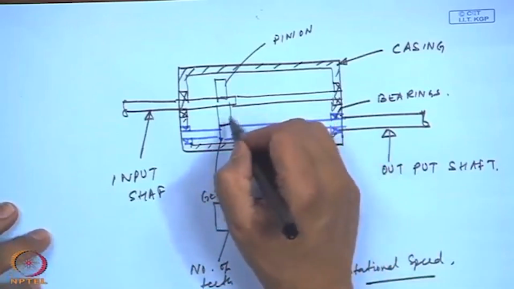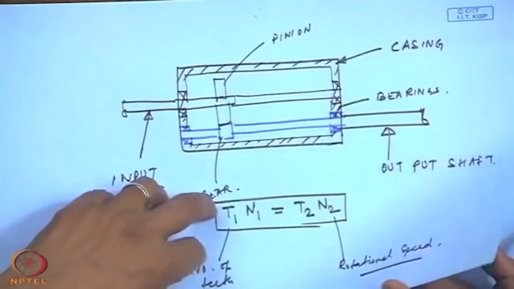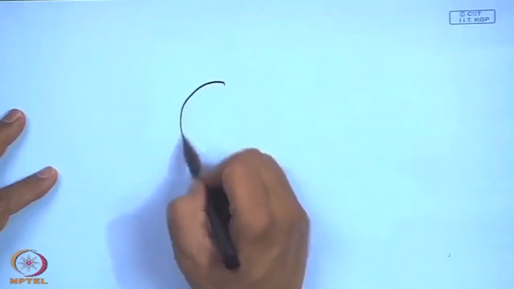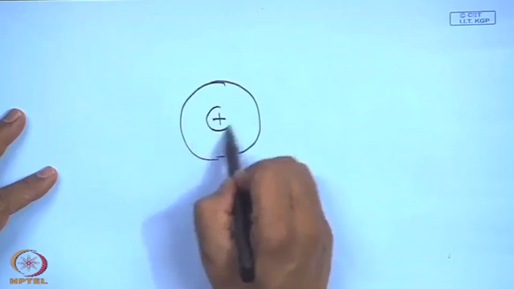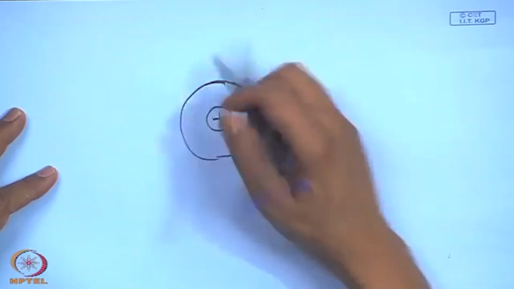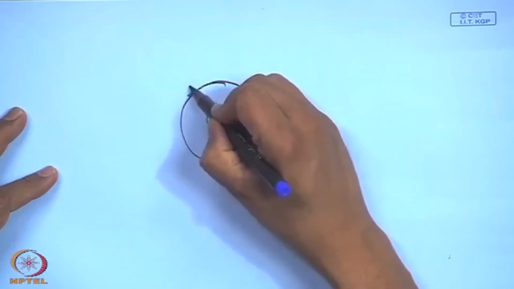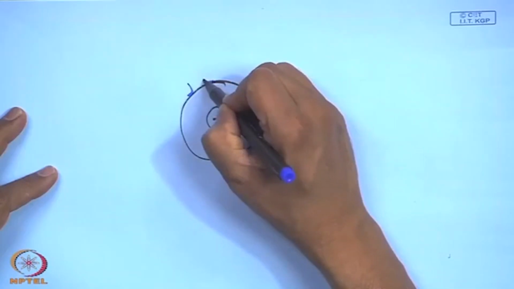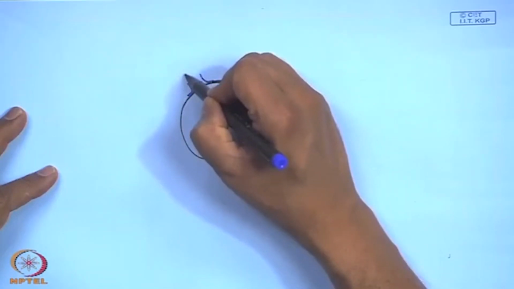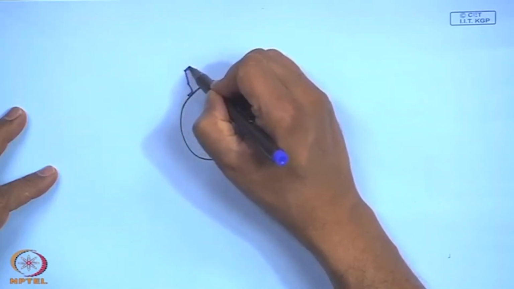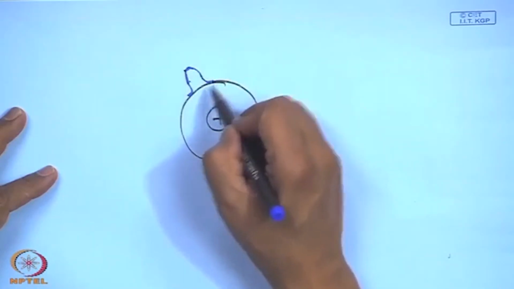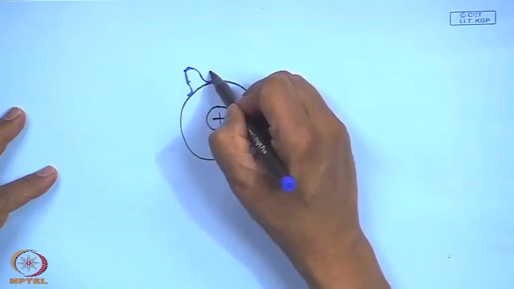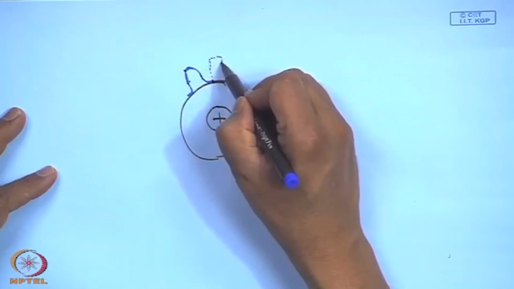Of course, I am not going to give you a lecture on gears, but essentially some of the important features of a gear. If I just draw one gear tooth, and then there will be such teeth all around the circumference.